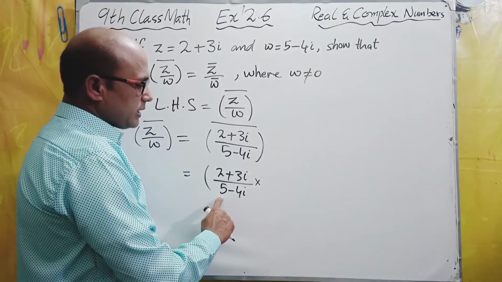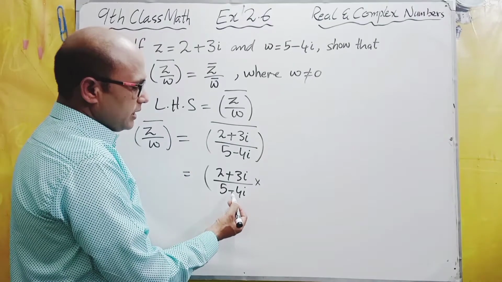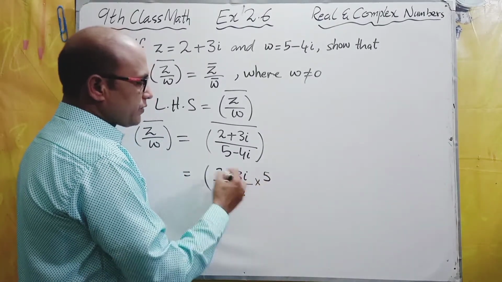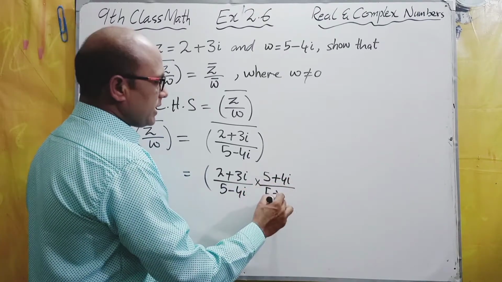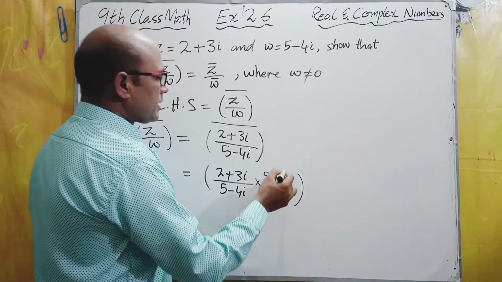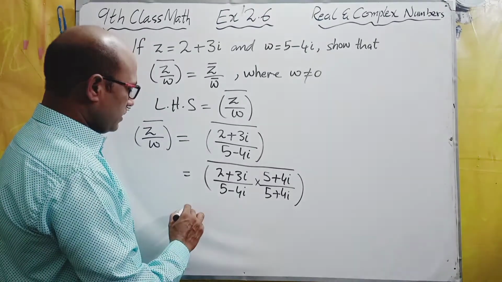Conjugate means the imaginary sign will be changed. It is minus, so we'll multiply this fraction with the conjugate of this denominator. It will be divided also, and bar will remain upon this whole fraction.